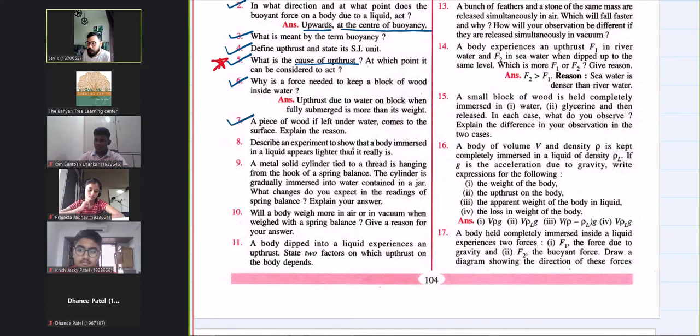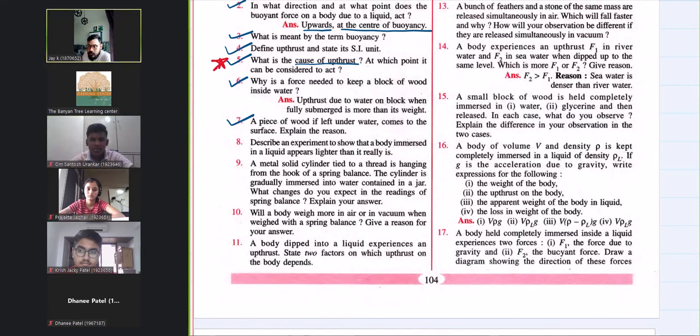Then a piece of wood, if left underwater, comes to the surface. Explain the reason. Who can explain? Chalo. Om, can you explain? Om: Sir, this happens due to the upthrust. Will you write only this much? That is the explanation. You need to elaborate more.